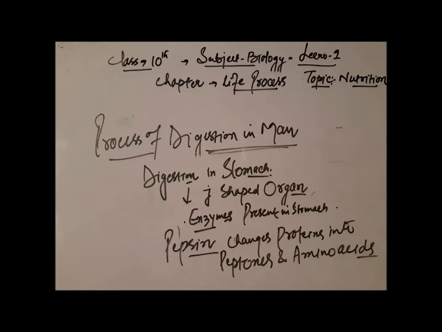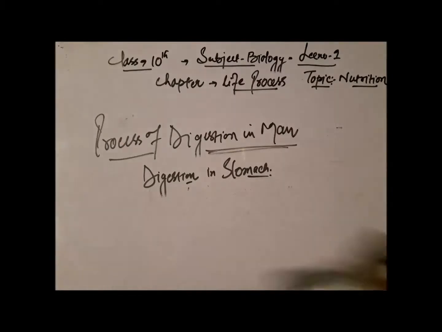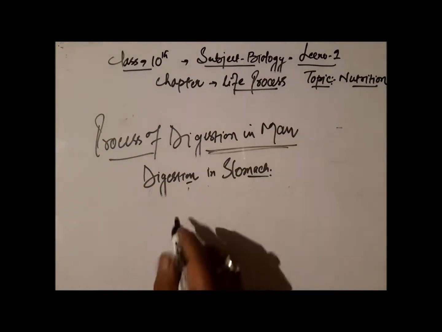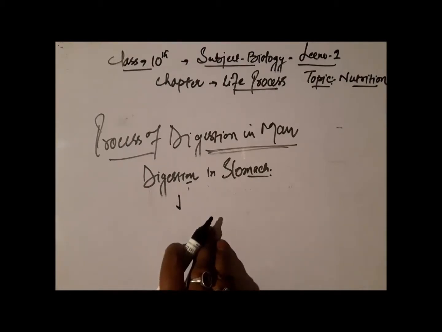So these were the enzymes that act on the food present in the stomach, and we have discussed the function of HCl. In the stomach, the food takes the form of soup after partial digestion, with the help of the acidic medium and the enzymes present in the stomach.